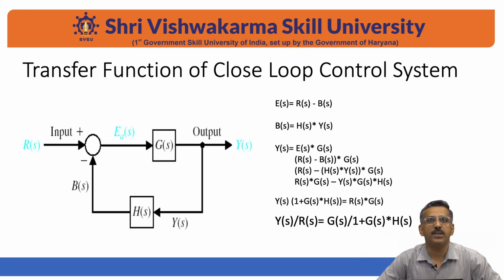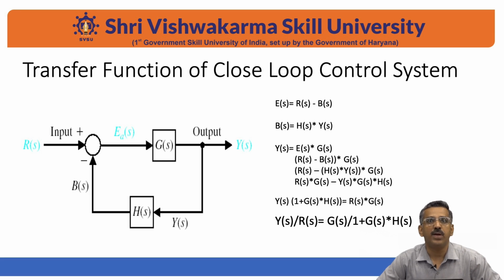We can say the overall transfer function of this closed loop system will be equal to the ratio of the open loop transfer function, that is G(s), divided by 1 plus product of feedback transfer function into open loop transfer function, that is G(s) into H(s).